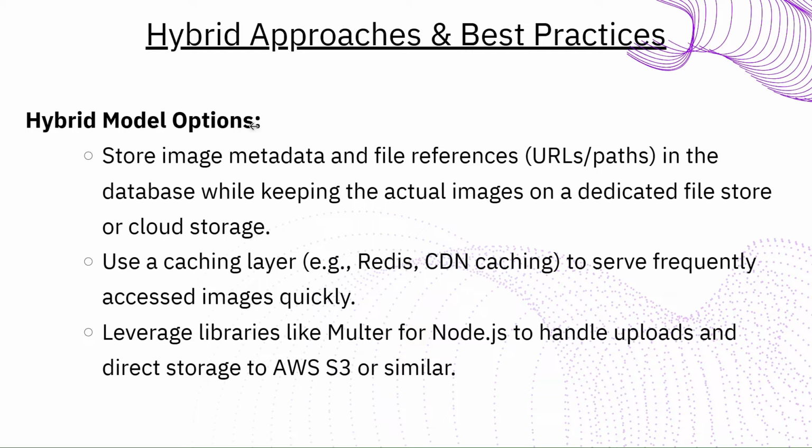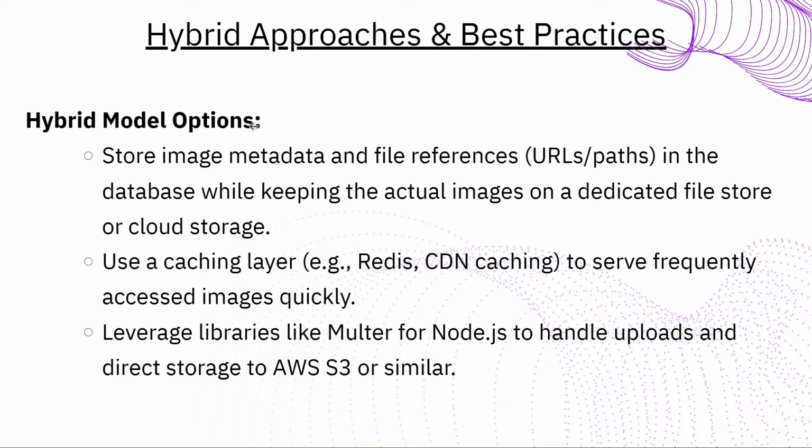You can think of it as my file is stored somewhere else, but I have just noted down the path of that particular file and stored that path in my database, so that whenever a user makes a query, it is not hampering my database, because the file is not stored in my database, it's stored in the cloud storage provider, and I am just storing the path. So whenever a user makes a request, I will make a query to fetch that particular file from the cloud storage provider and serve it to the user. It's a very good practice and it's followed in the industry, so you can follow this.